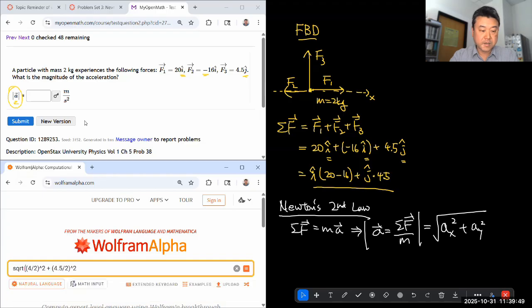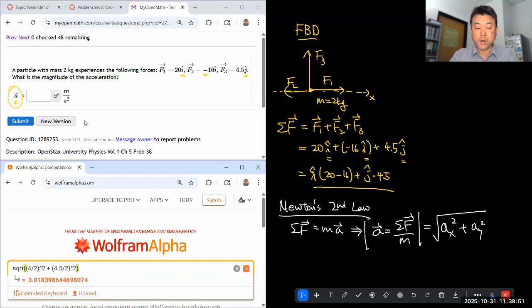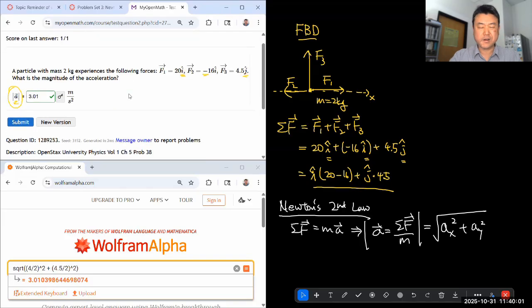I've added them, take the square root of those two squares. That's going to give me the magnitude of acceleration, 3.01 meters per second squared. Good. So pretty simple. You do the vector addition and then a simple application of Newton's second law. Let me get to the next question.